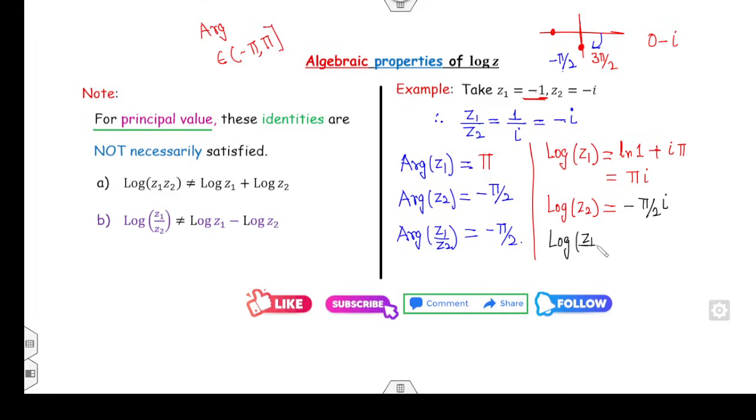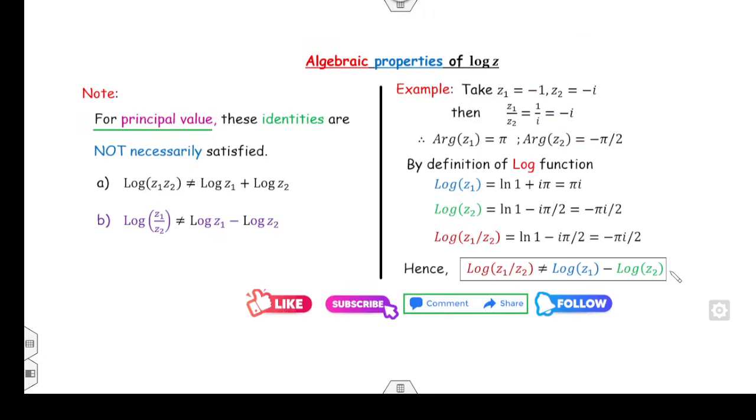Capital log of z1 divided by z2 is 0, because its absolute value is also 1, and -π/2 iota. And clearly the left hand side is -π/2 iota, the right hand side is pi iota, and it's a minus-minus-plus π/2 iota, which are not equal. Therefore, the relation is not satisfied.